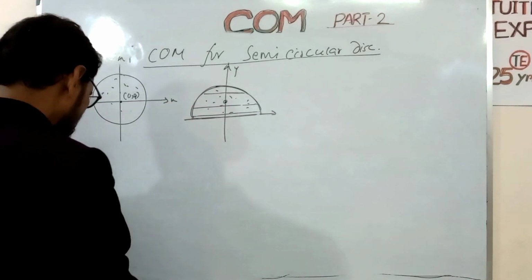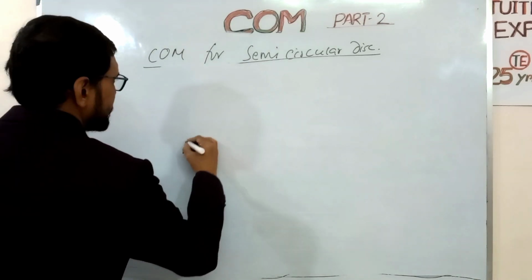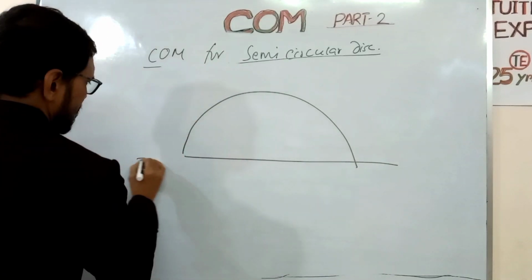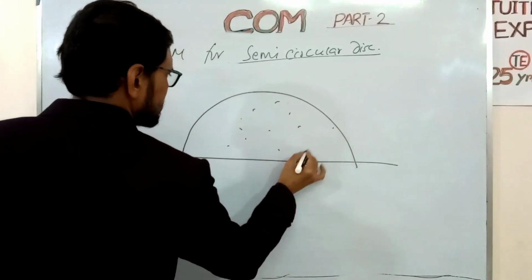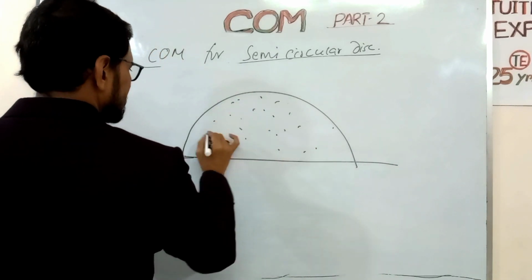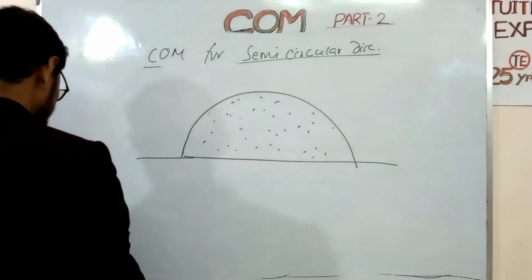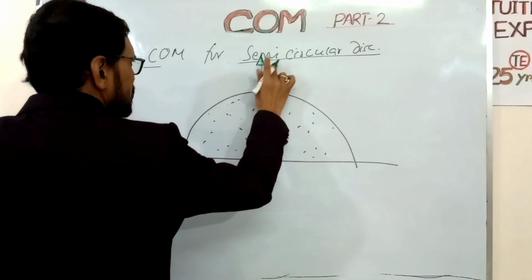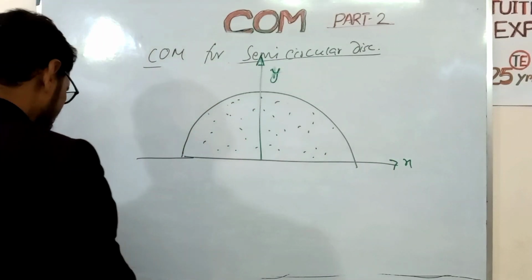So now what will be the distance? We have to calculate the distance of the center of mass. For the semicircular disc, this is the y axis, this is the x axis. Now take an element.